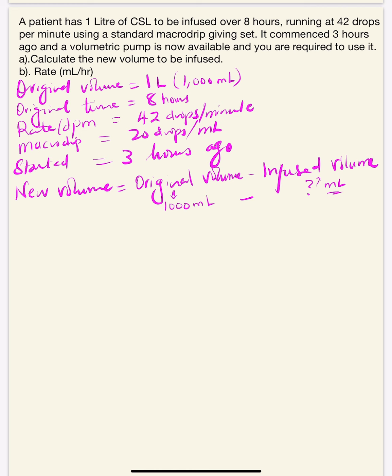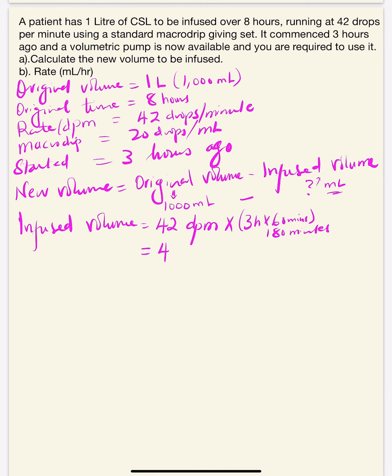So the infused volume is equal to the 42 drops per minute. Remember, every minute you're giving 42 drops. What about 3 hours? I need to convert the 3 hours into minutes, which is 3 hours times the 60 minutes in 1 hour, and this gives us 180 minutes.